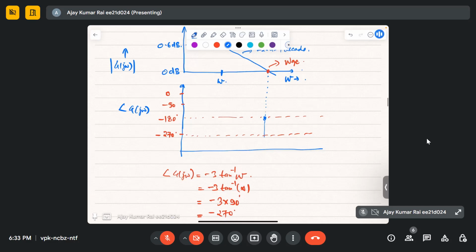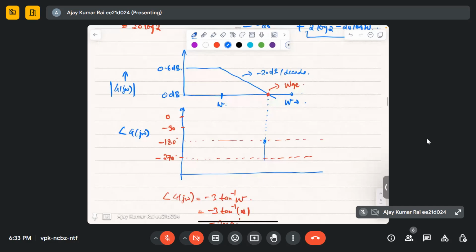Sir, for low frequency magnitude, it will be 6, not 0.6.